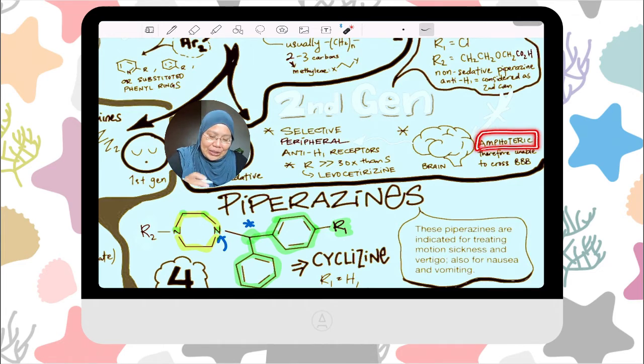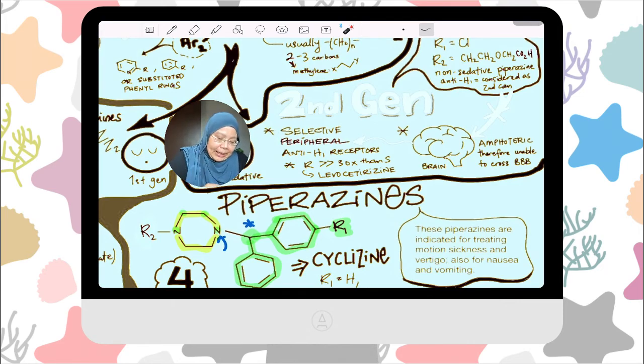Show me by using the structure. Because of its amphoteric nature, it is unable to cross the BBB. It can't go into the brain, can't enter the brain. Therefore, it has no sedative effects.